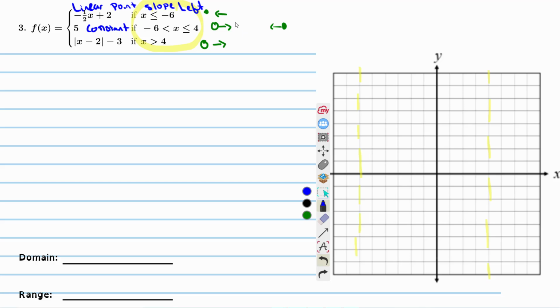And so I'll just go ahead and find my two ordered pairs at -6, 5 and at 4, 5. And so I'm going to go ahead and plot those. -6, 5 has an open circle, and 4, 5 is a closed circle. Draw my line in between.